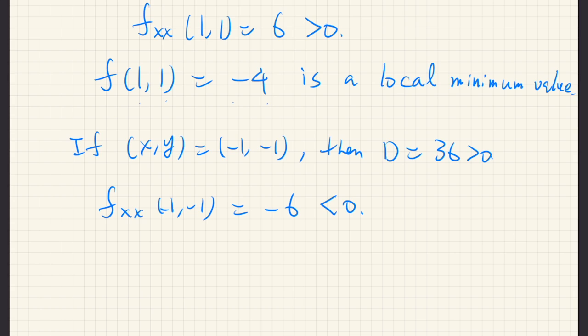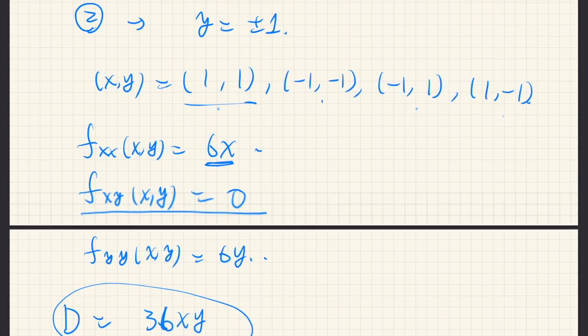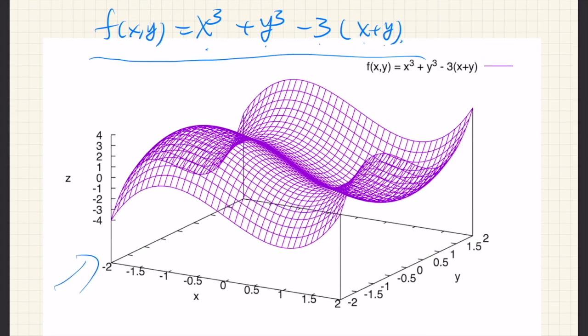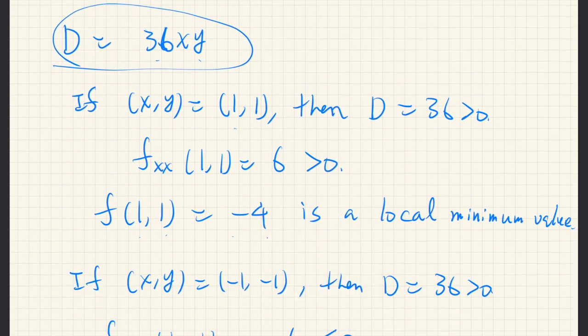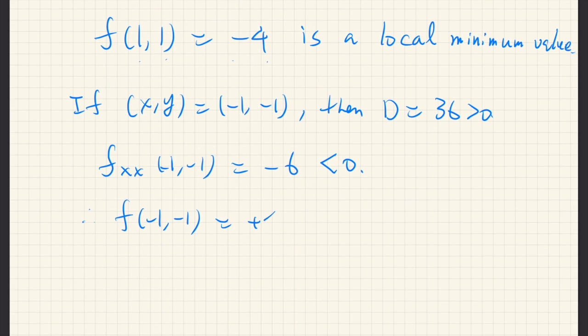That is negative, of course. Therefore, f(negative 1, negative 1) is negative 1, negative 1, and positive 6, that is positive 4, a local maximum value.